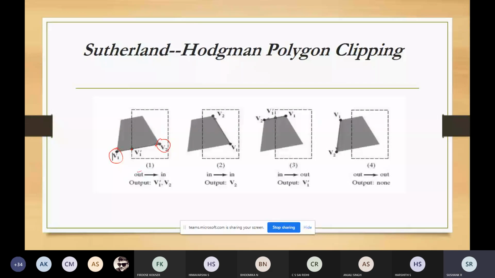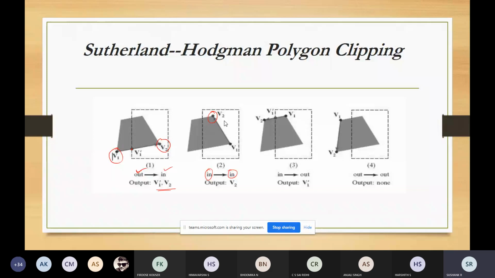So when v1 is outside and v2 is inside, the output will be v1 dash and v2, where v1 dash is the intersection of the polygon edge with the clipping boundary. In the second case, both the points are inside. When both the points are inside, the output will be v2.